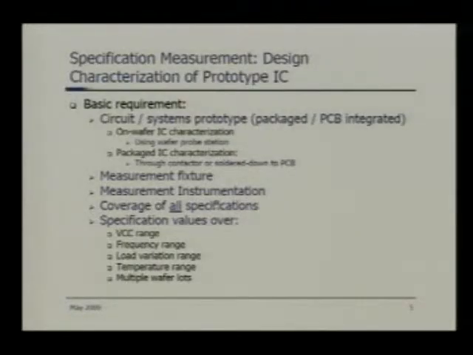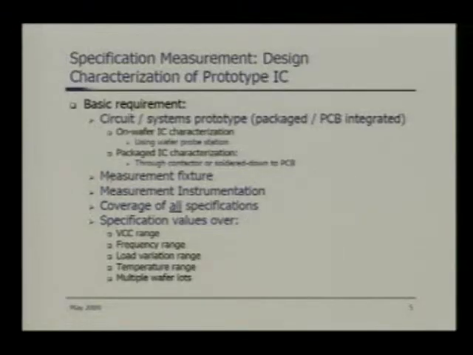Okay, so the basic criteria is that you need a measurement fixture. Okay, you need measurement instrumentation, obviously. For example, you need a function generator or RF signal source as the test stimulus generator.